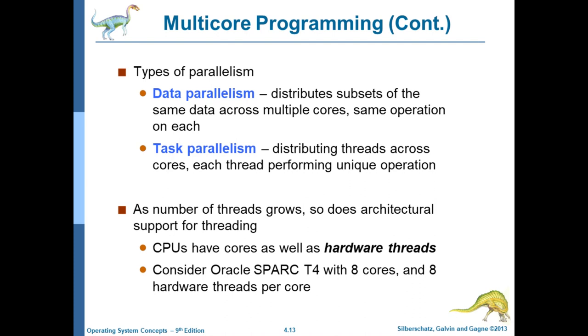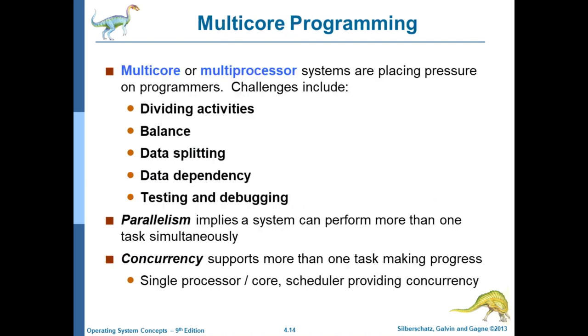In this slide, we will discuss some of the challenges and concepts related to multi-core programming. Multi-core programming is the practice of writing software that can run on multiple cores or processors in a system. One of the challenges of multi-core programming is dividing activities.